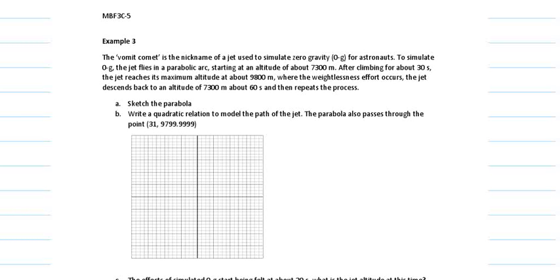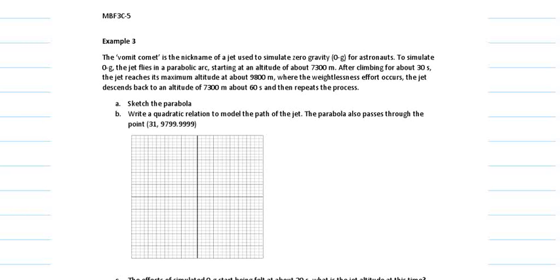To simulate the zero gravity, the jet flies in a parabolic arc, starting at an altitude of about 7,300 meters. What does that mean? So starting, the initial, which means what is the time at that point? 0, right?